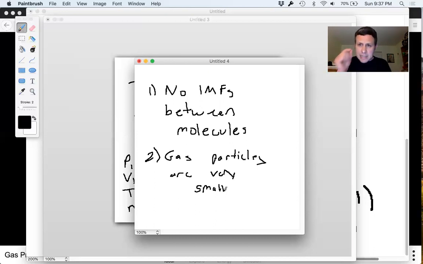Whereas if you existed as a pinpoint, you could probably get through even if it were crowded. So we have to assume that these gas particles are pretty small in relation to the size of the container, which means that as they get too packed together, they start to become less ideal. This is a little bit more than you probably need to know for this unit, but that's the basics of what makes an ideal gas.